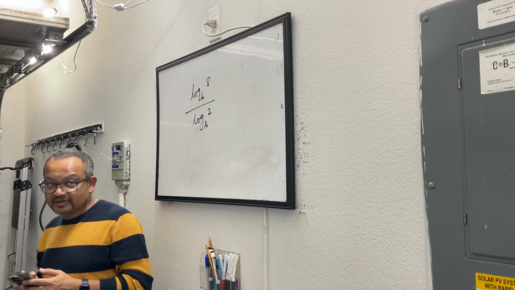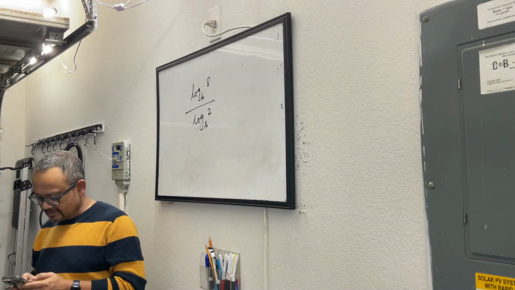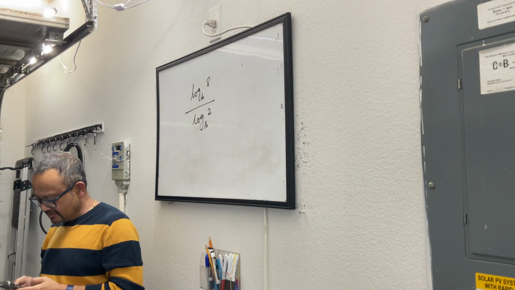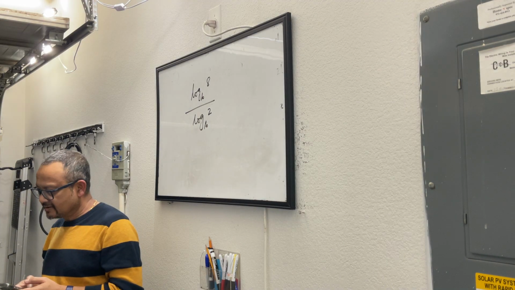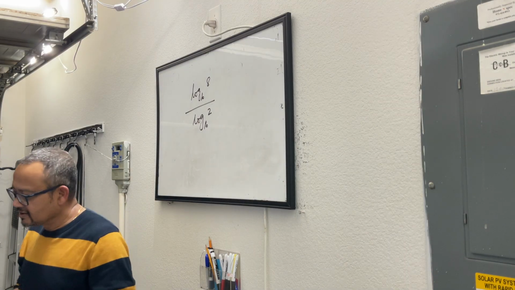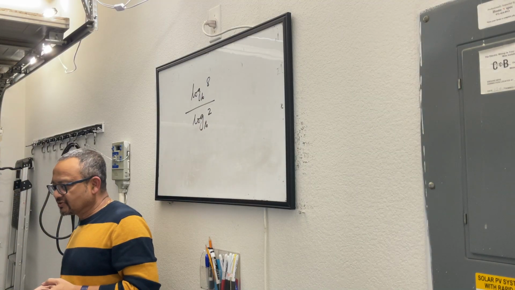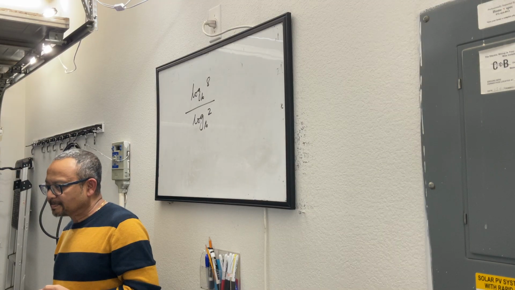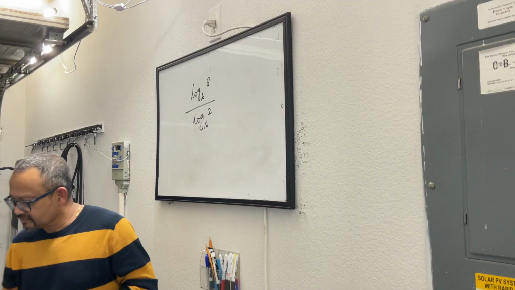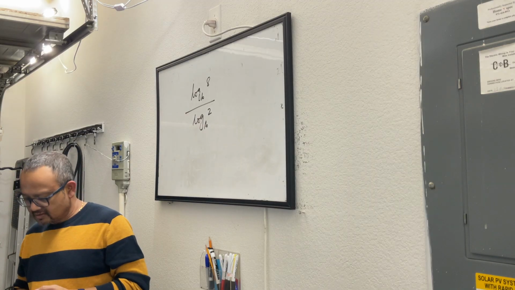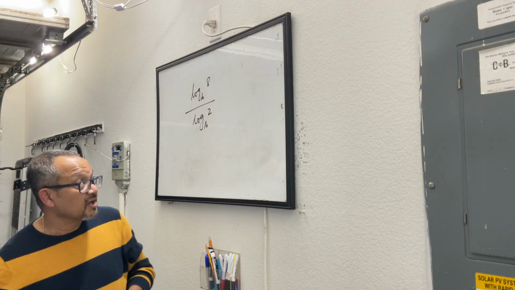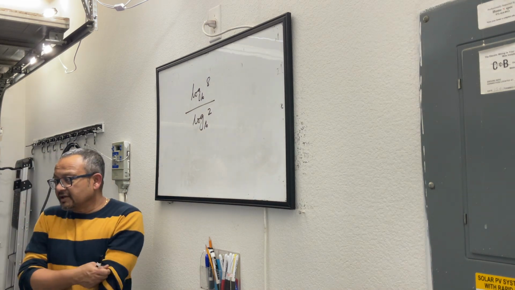What did you get for this one? Anika is thinking. How about Ananya, Vasundhara? Yeah, Disali. I think it's log of B. Log of B. Okay, so this is an easier one.